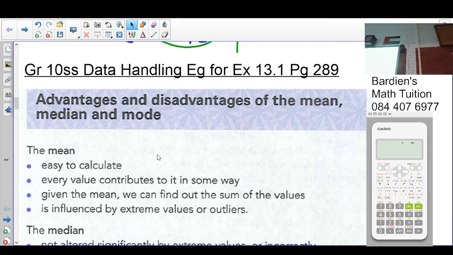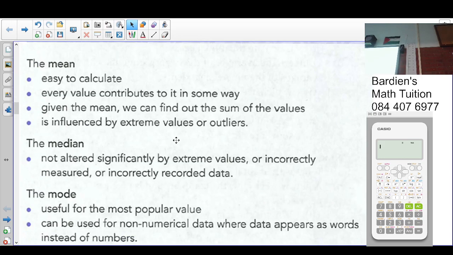And we said yesterday that if you have outliers, your mean is distorted, and then you'll use your median as your best measure of central tendency over your mean if there are outliers.